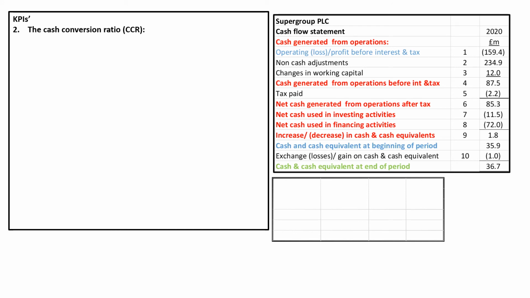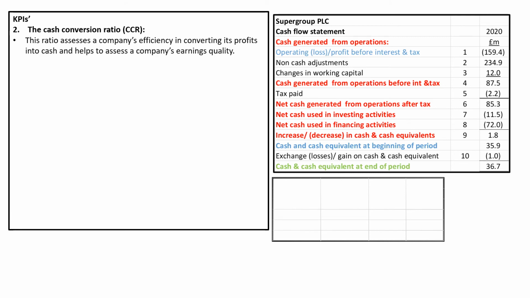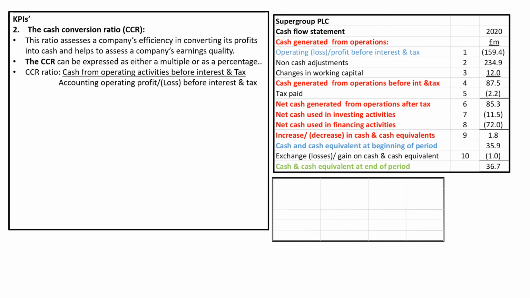The second KPI we're looking at is the cash conversion ratio. This ratio assesses a company's efficiency in converting its profits into cash and helps to assess a company's earnings quality. The CCR can be expressed either as a multiple or as a percentage.